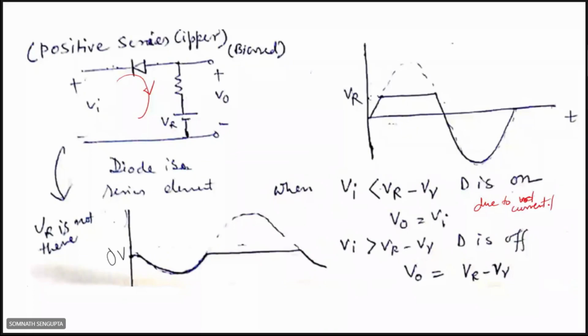In the opposite case, when the diode is off, it is clipped to Vr minus V gamma. So these are the two cases.